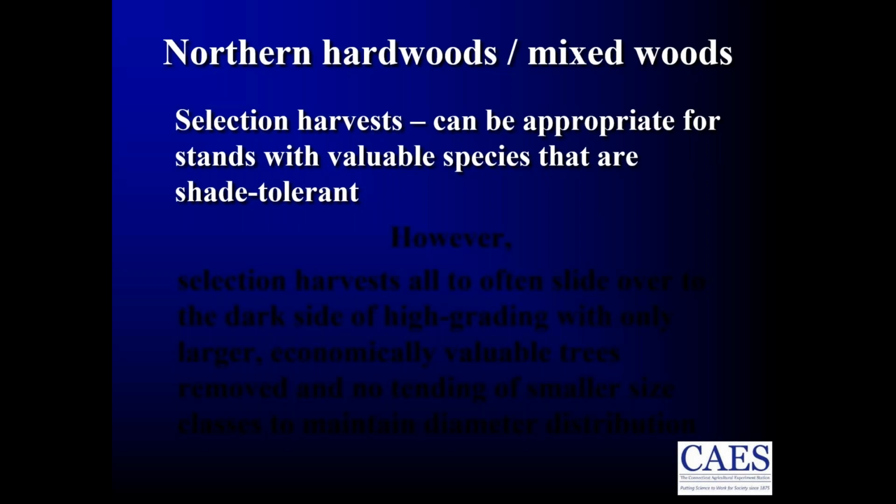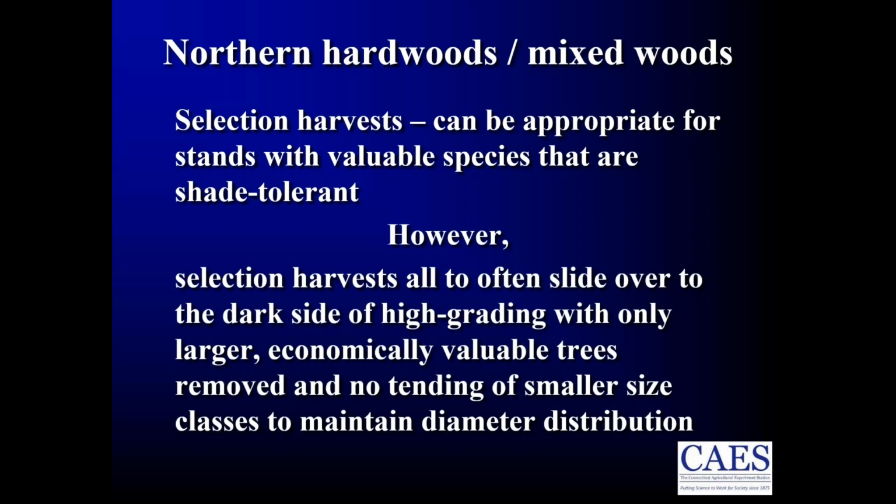And a selection harvest can be entirely appropriate for stands of the valuable species that are shade tolerant. So if you have sugar maple, or if you're lucky to be in an area where you can actually grow beech that doesn't have beech bark disease, and put in some small gaps so you can get in some yellow birch, you can definitely do selection harvest.